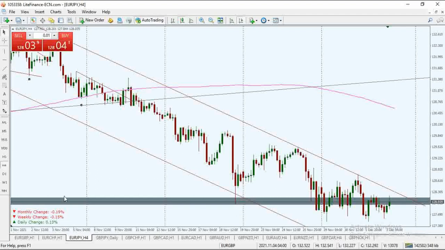You don't want to be in a day such as this one, and start buying. You want to buy Euro USD, and you want to sell Euro JPY? No, you don't do that, because JPY and USD are safe haven assets.